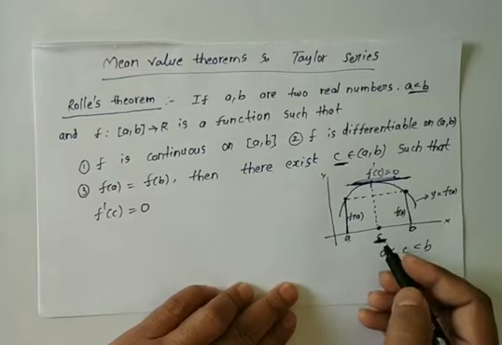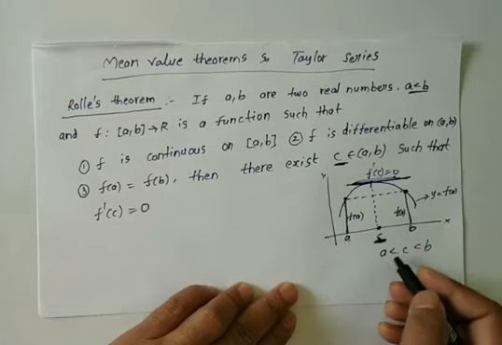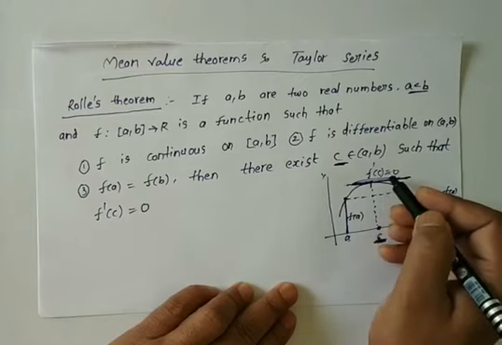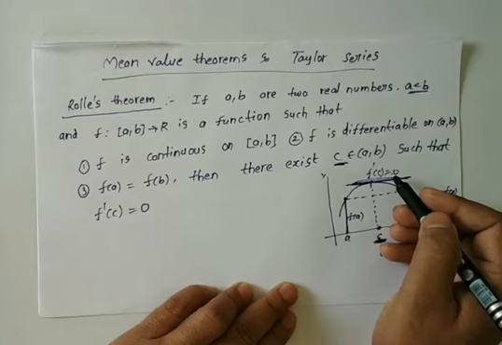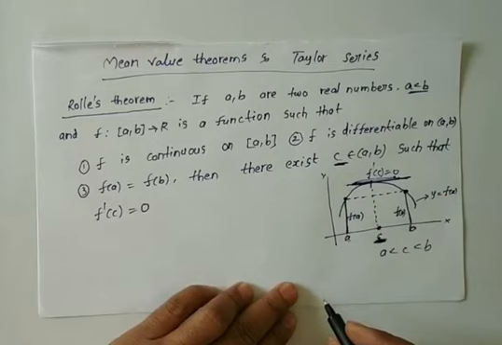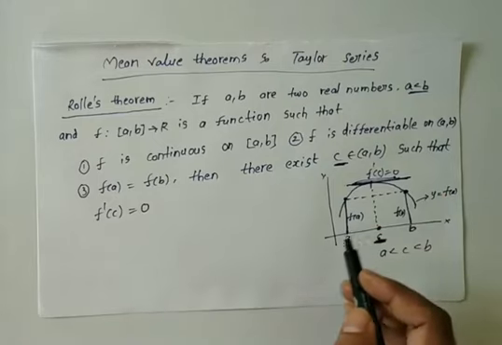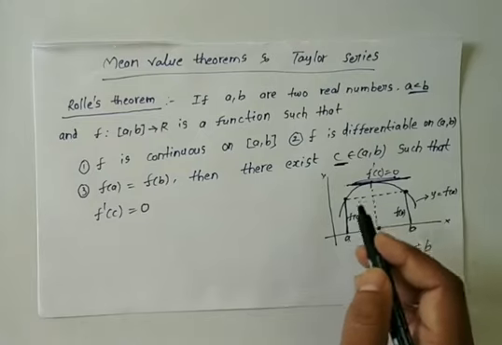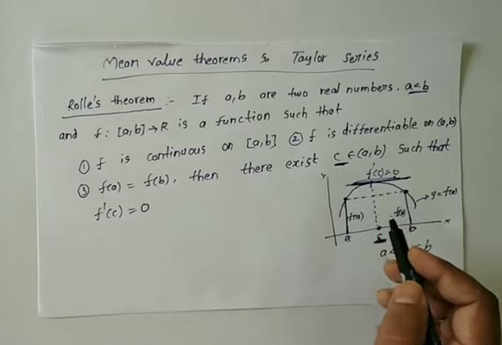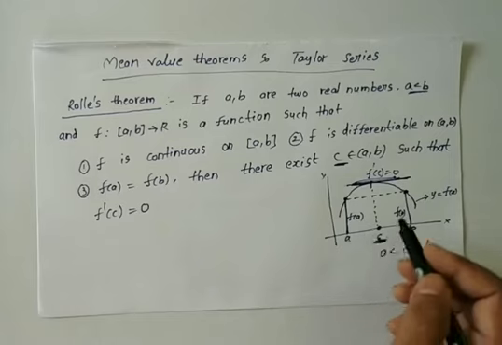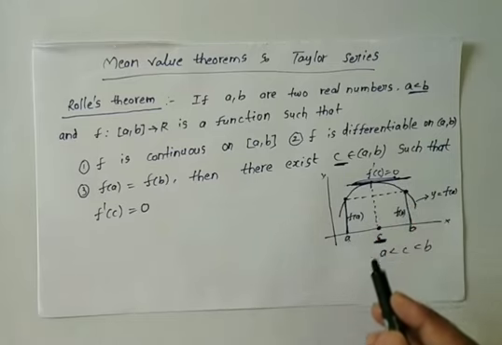Then there must be a number c which lies in the open interval a comma b for which f dash c is equal to 0.